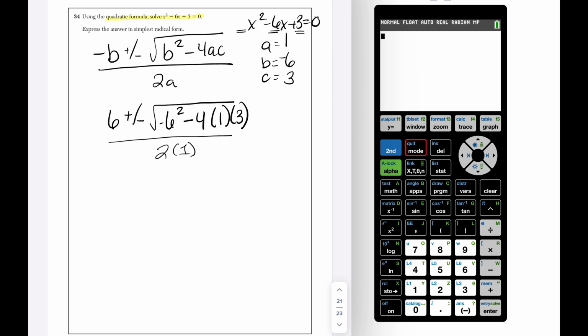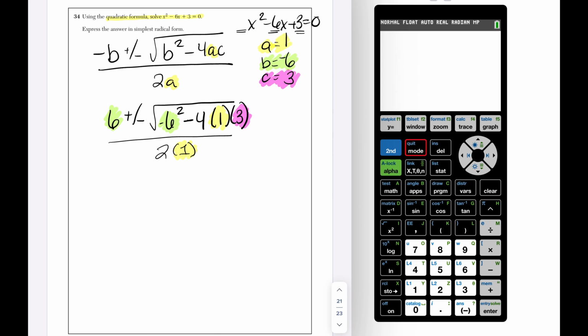So that's it. That's all I'm really doing here. Wherever I see an a, I'm just putting in a 1. Wherever I see a b, I'm putting a -6. And wherever we're seeing our c, we're writing a 3. Oops, I forgot to put, here was our other a, and here was our other a.